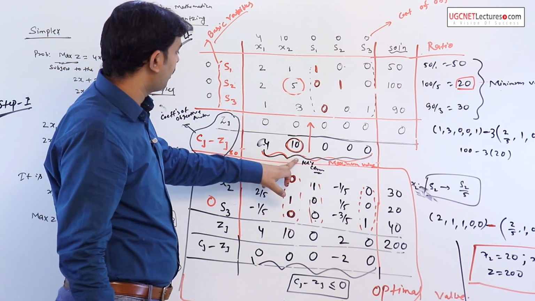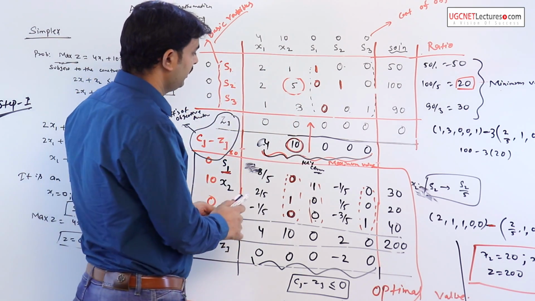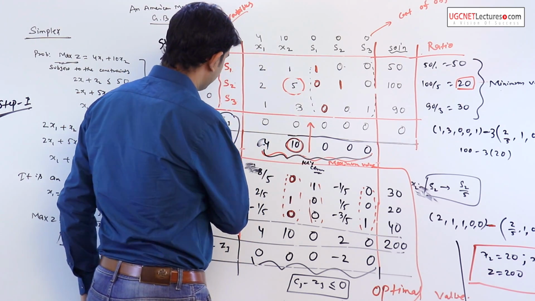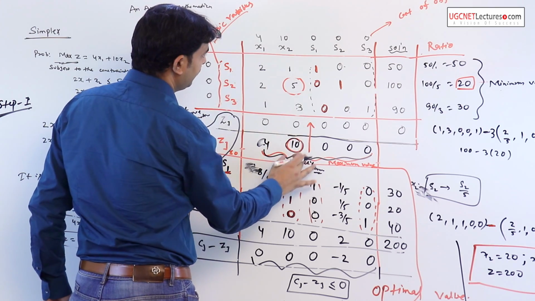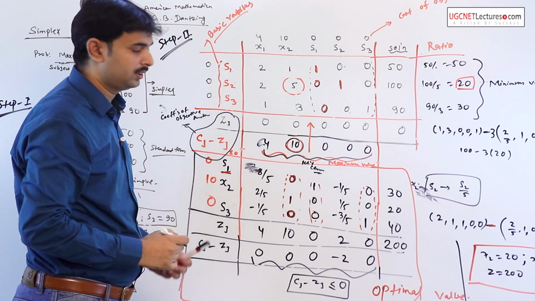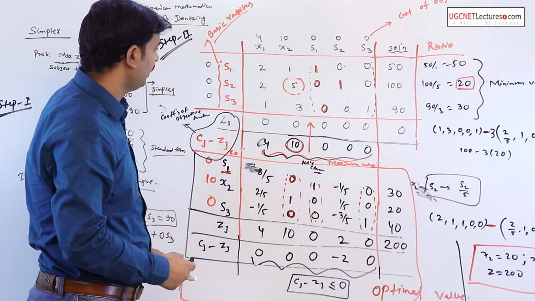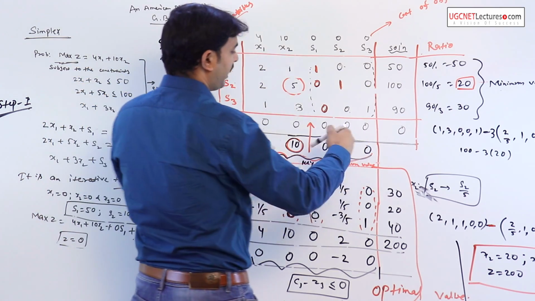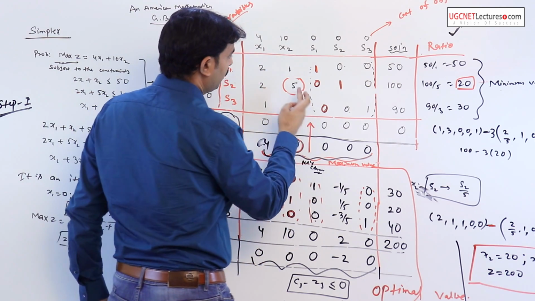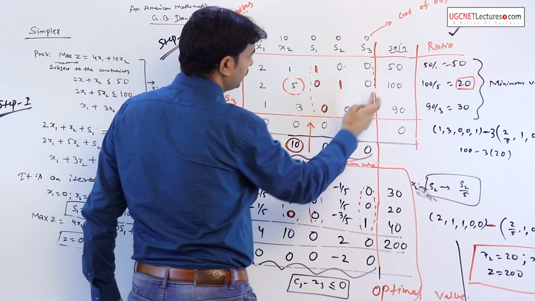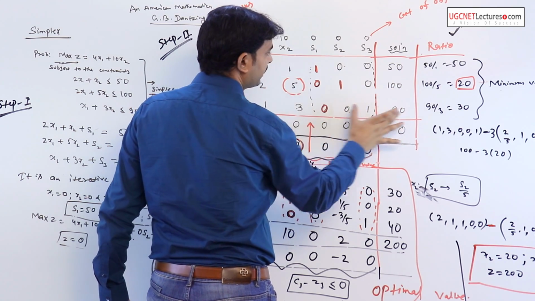This is our key column, meaning x2 will surely enter, since by the criterion of Cj minus Zj less than or equal to 0, for the maximum value, x2 will enter. But which basic variable leaves? For the leaving variable, we have to find a ratio from the key column, that is 50 by 1, 100 by 5 and 90 by 3.